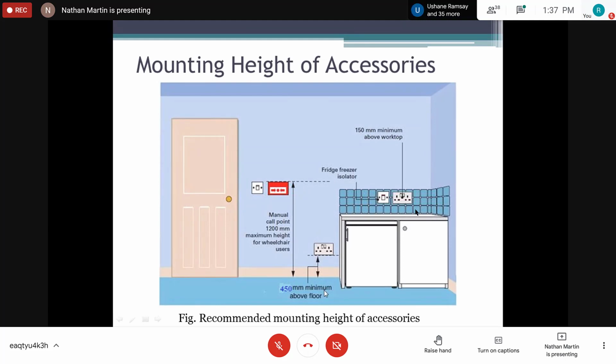The minimum height of your outlets above floor is 18 inches or 450 millimeters. These should work out to the millimeter. Above your work surfaces, the top of the outlet should be 150 millimeters above the worktop, which you can work out. So this is basically just typical mounting heights.